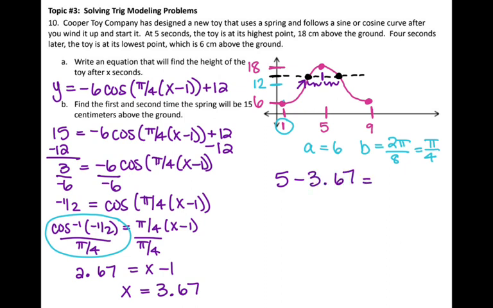So 5 minus 3.67 is 1.33. So that makes this distance 1.33, which also makes this distance 1.33. So if I want to find the second time, I could take 5 plus 1.33, which is 6.33. And now we have our second time that this toy is 15 centimeters above the ground.